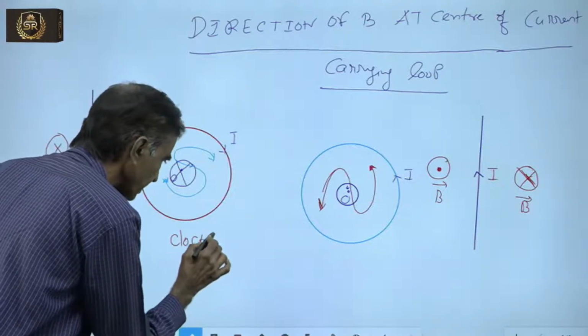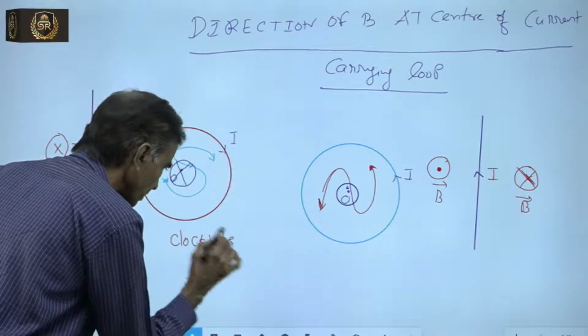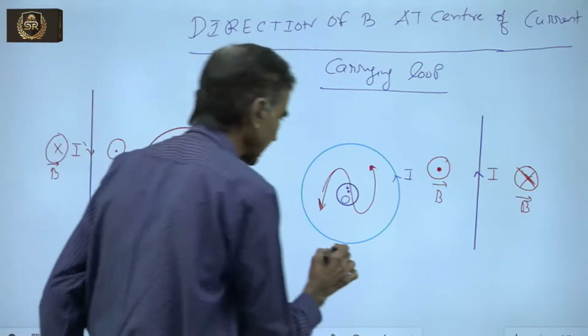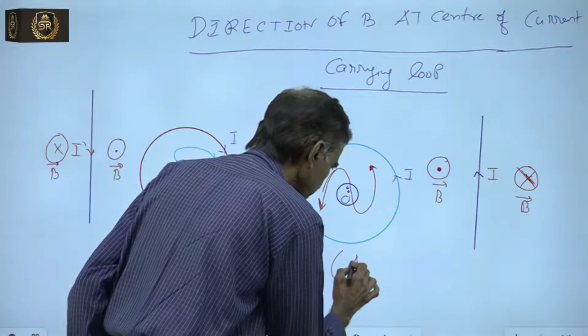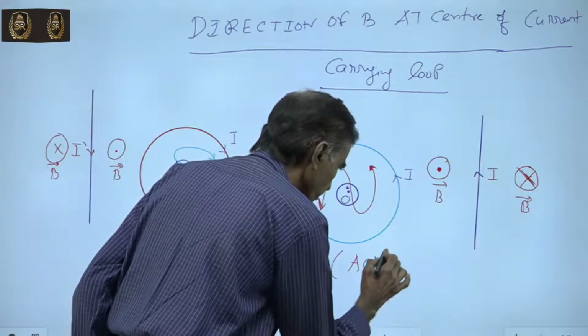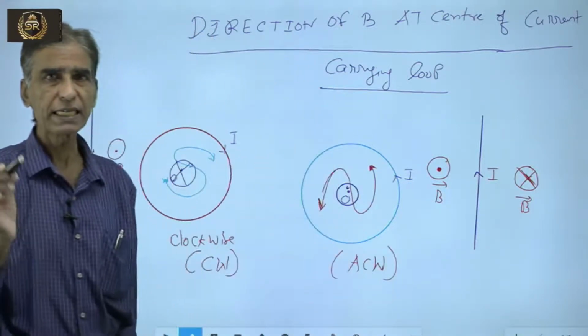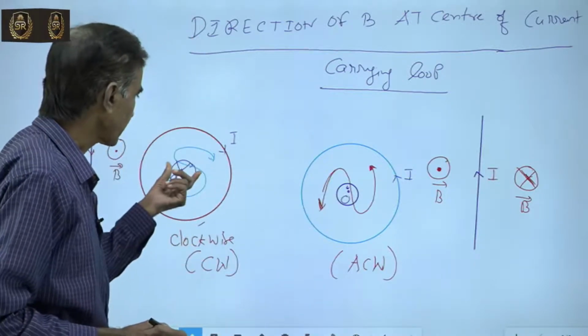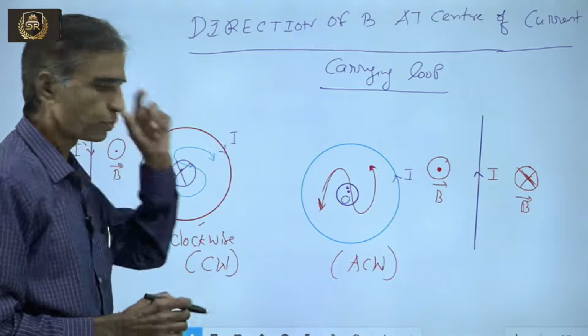Generally we don't write clockwise every time, we write CW. Anti-clockwise, ACW. So an anti-clockwise current loop behaves like a north pole and a clockwise current loop behaves like a south pole.